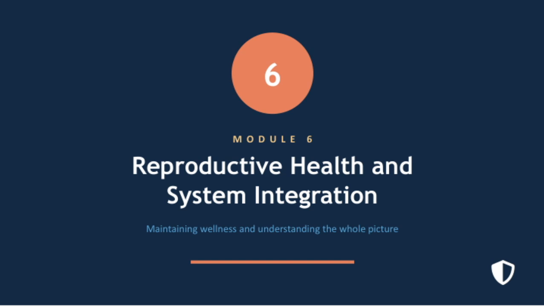By doing so, we can better address the root causes and support healthier outcomes. This slide highlights the importance of viewing reproductive health not just as individual symptoms, but as interconnected components of a larger system. As we continue, remember that understanding this interconnectedness helps us make more effective, holistic decisions, ultimately leading to better wellness for everyone involved.